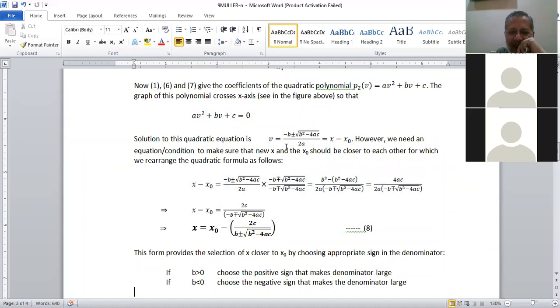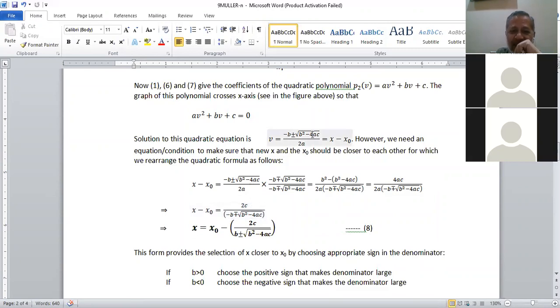Now, why this was not very useful? मुझे x और x माइनस एक्स नॉट का डिफरेंस चाहिए। I want to make this difference least possible. लीस्ट पॉसिबल के लिए मेरे पास एक्सप्रेशन ऐसा होना चाहिए जिसमें डिनोमिनेटर के साथ में खेलूं और डिनोमिनेटर को लार्जेस्ट पॉसिबल बनाऊं सो दैट द ओवरऑल नंबर बिकम्स स्मॉलर.